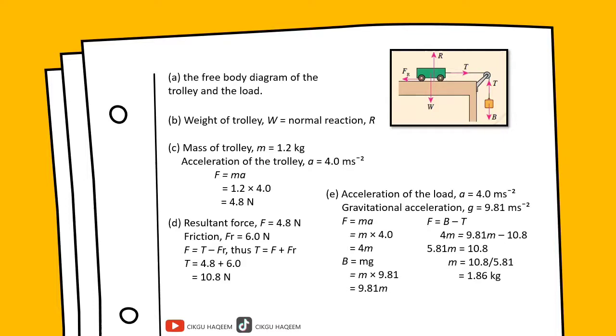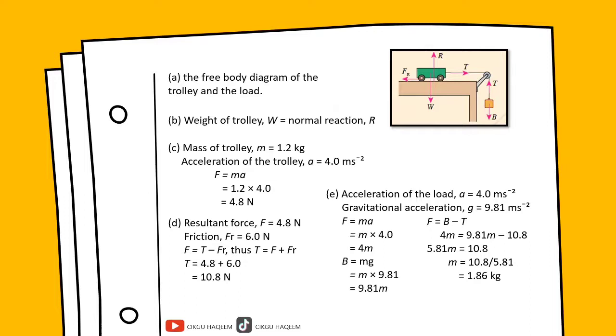Alright, and then C, what is the resultant force of the trolley? Using Newton's second law of motion, F equals ma. F is the resultant force, m is the mass of the trolley, and a is the acceleration of the trolley.